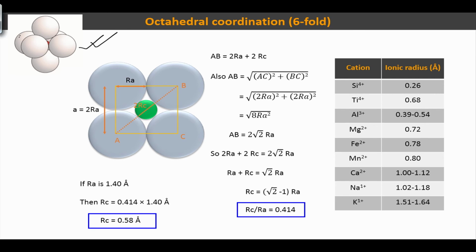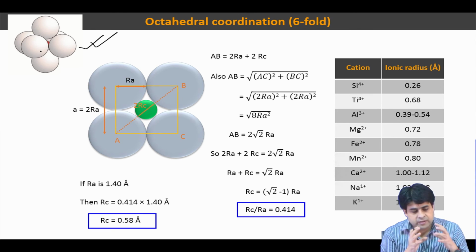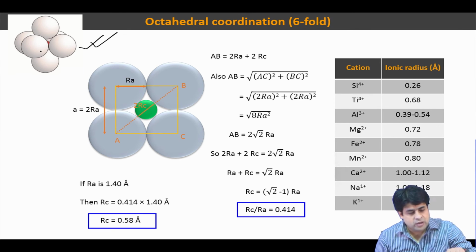So, you have 6 atoms of oxygen, and at the center of this pore space, or at the center of the void, you have a solid cation, and this cation is relatively smaller in size.